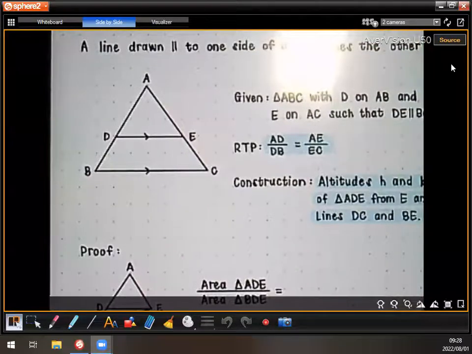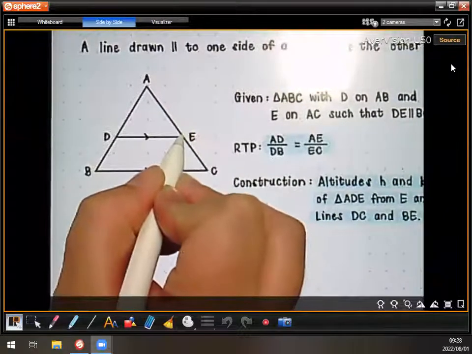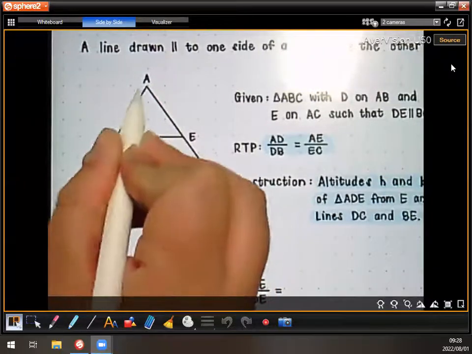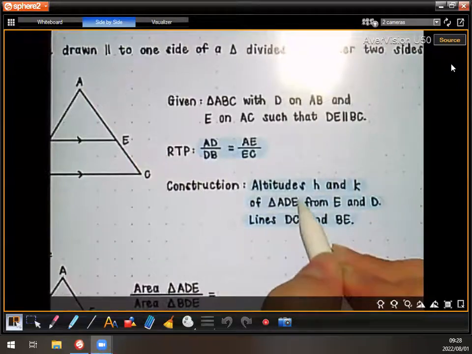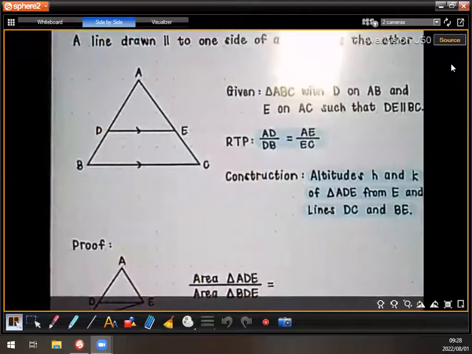Let me show you here. If you have two different colored pens, it would be nice to do one in one color and the other in the other color. So H, I'm going to draw from point E. You're going to have to try and draw it so that it's perpendicular to AB. We're drawing the perpendicular heights of triangle ADE, so just this top triangle. We can ignore that bottom part for now.